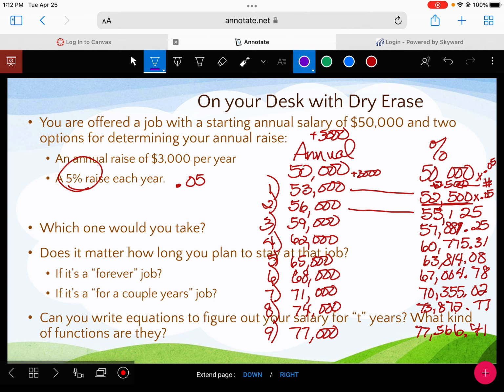So right here, after the 9th year, it's better to go with the percentage, if they stay like that for 9 years. How often does it happen that it stays like that? Not often, but for this problem, it's staying the same. Okay? So, does it matter how long you plan to stay at the job? Yeah. If you're going to stay there less than 9 years, you definitely want to take the annual $3,000 raise.